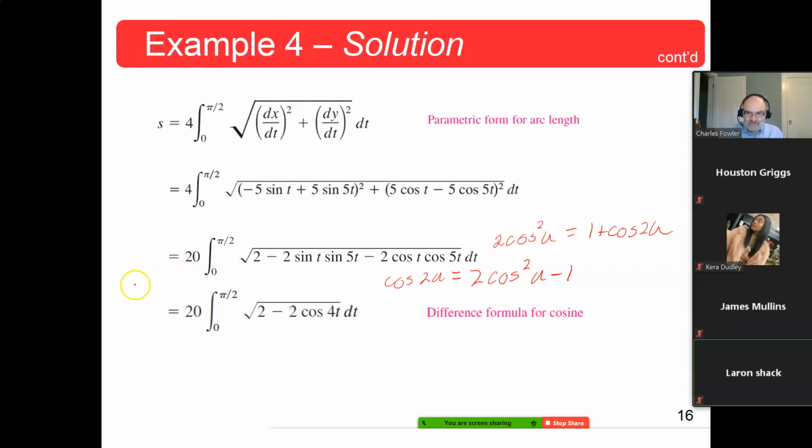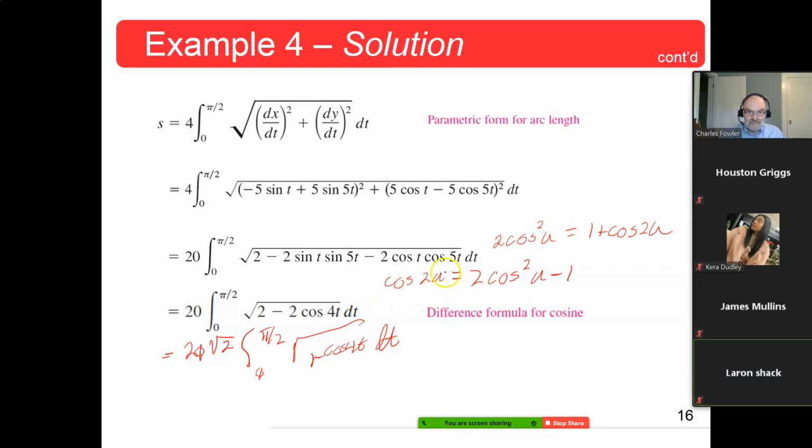So, this is what I was trying to do before. I ran out of room before, and I'm going to run out of room again. Make this 20, and they take out the root 2 here. I think that makes everything easier. And then this gives you 0 to pi halves. Now what we have here is the square root of 1 minus cosine 4t dt.